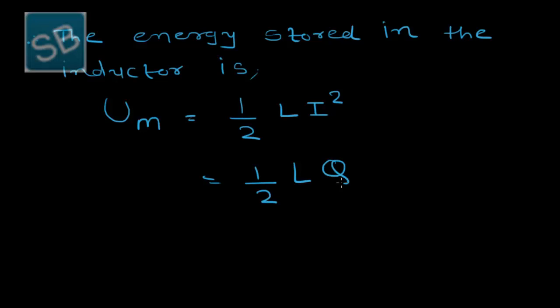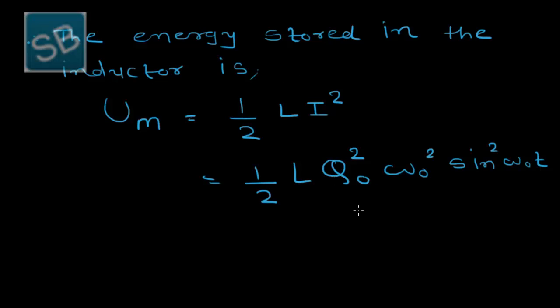So minus square is plus Q0 square omega 0 square sine square omega 0 t. So this is the value of the energy stored in the inductor.